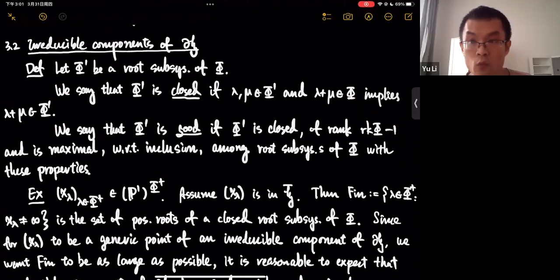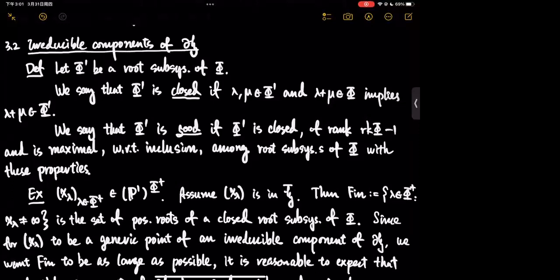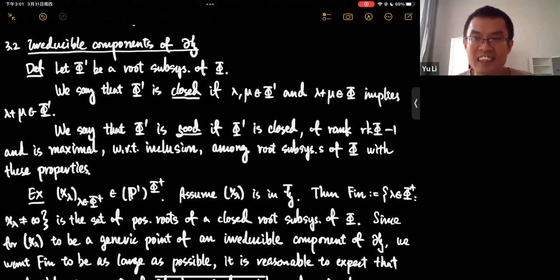Also, co-rank 1 is important, and also maximal with respect to both conditions. So, for example, a very good exercise is to try to determine the number of good root subsystems of a root system of type A_n. The answer is 2 to the n minus 1, but it's a fun exercise.